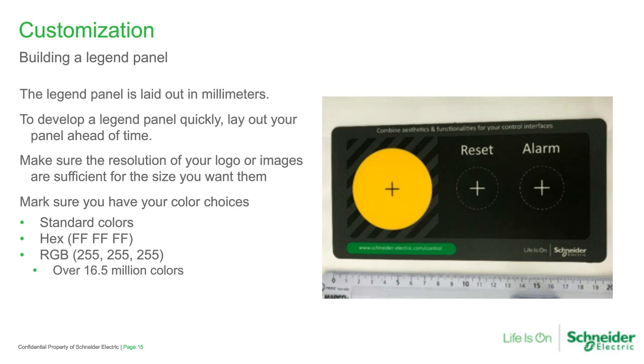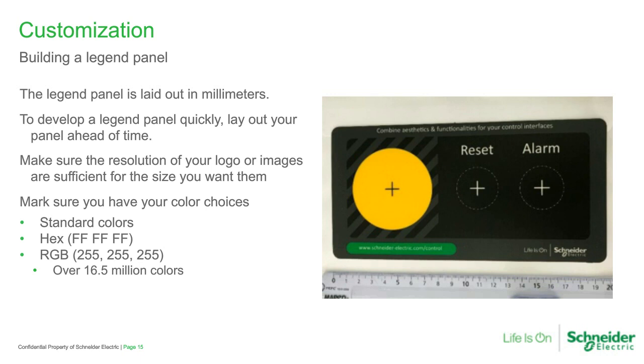So let's go through and talk about building a custom legend panel. In the tool, the layout is in millimeters, so it's a good idea to have a predetermined layout. Make sure that if you have images that you want to include, they are of sufficient resolution for the size that you want them to be on the legend panel.